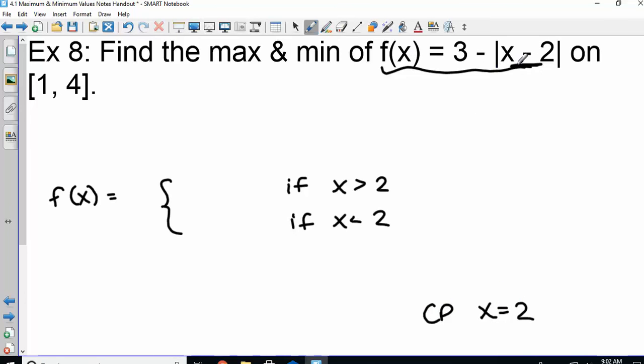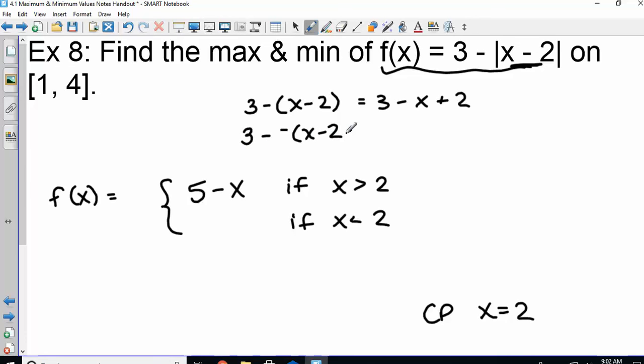Alright, if x is bigger than 2, does the absolute value change anything? No, so you could just drop it. And so this would turn into 3 minus x plus 2. So that becomes a 5 minus x. If x is less than 2, the absolute value does the opposite of that.